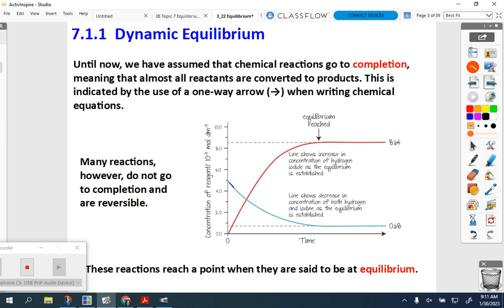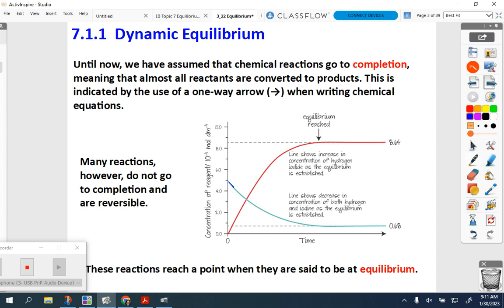And you can see also that the products are increasing and then reaching a steady state, and we're ending up with flat lines, like we did when we reached completion in our previous kinetics graphs, but now our reactants are never going to go to 0. They're going to reach a new steady state, and that steady state is what we call equilibrium.